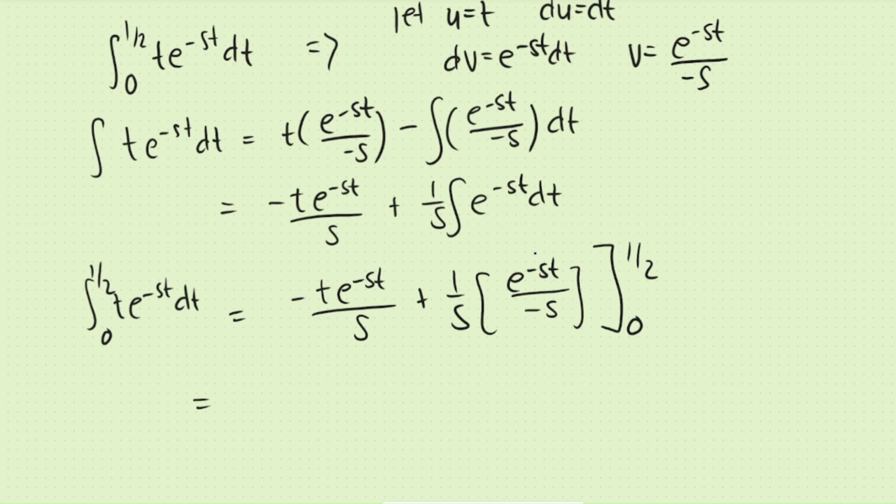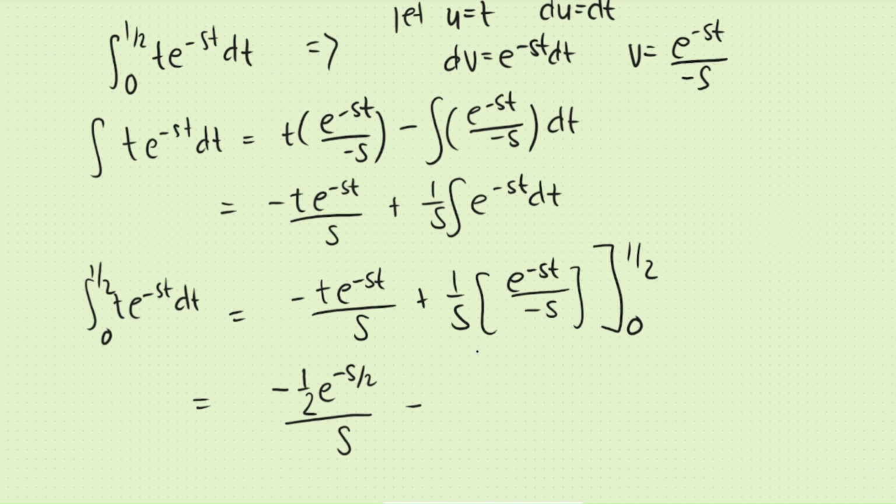Okay, so let's plug in t here as 1 half. If t is 1 half, t here is 1 half as well. E to the negative s over 2, because negative s times 1 half is negative s over 2, over s. And we'll make this minus s squared.